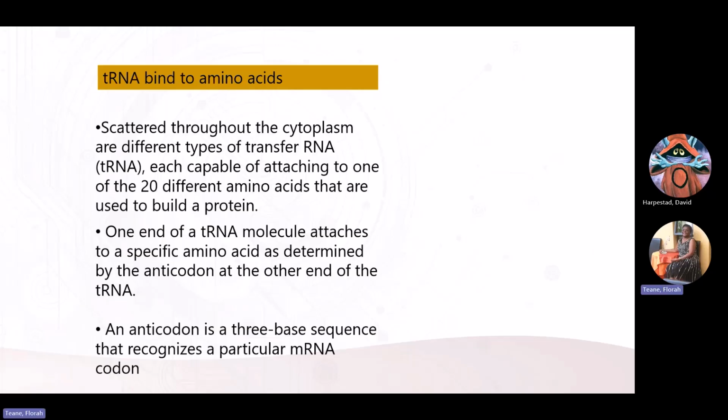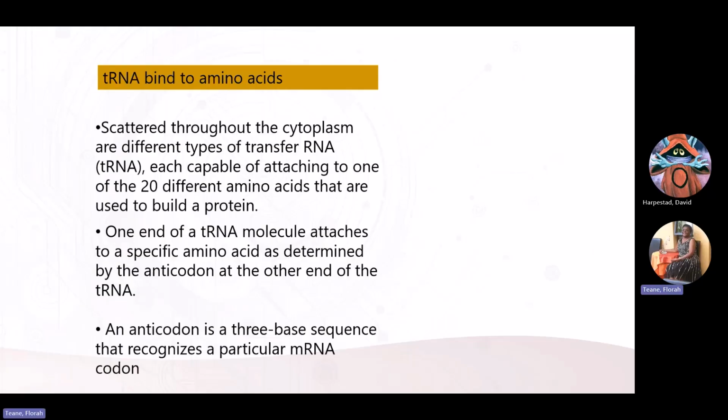You'll see that when we look at the schematic representation of the whole process. Now, the transfer RNA will pick up as many amino acids as required according to the message, and they'll be arranged in the required manner.